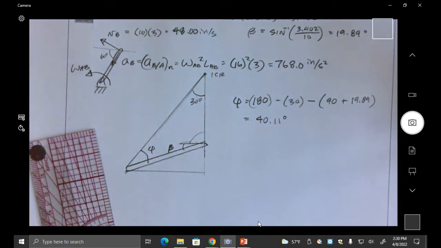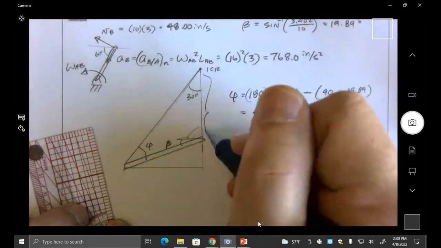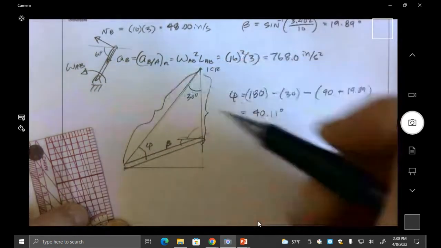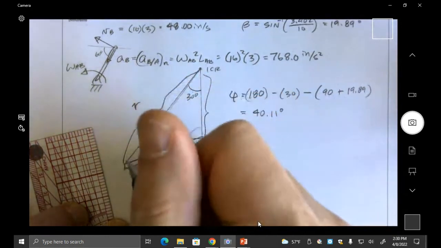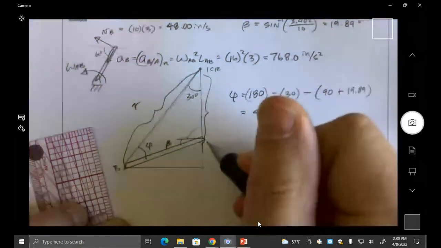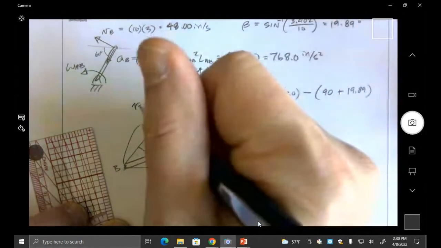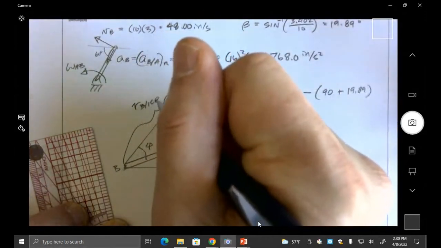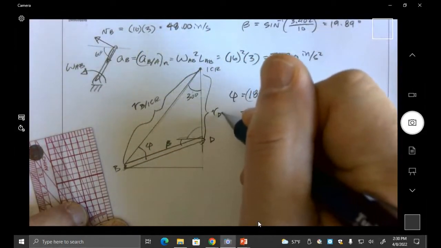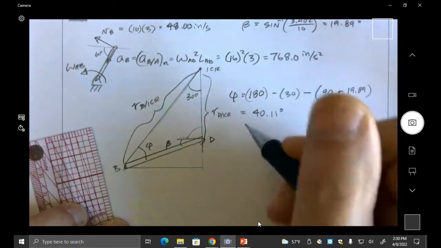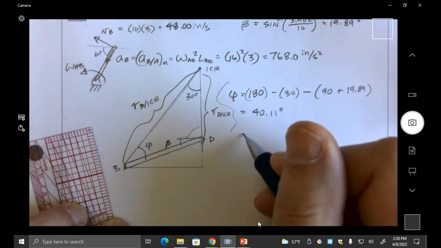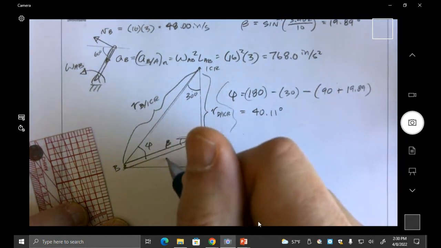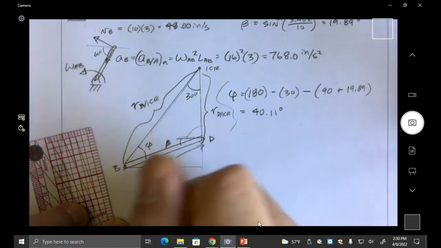Did he tell me that? Well, no, he didn't, but we could test it out with this right here. This is a good candidate for our law of sines. This is our B, and this is D for whatever reason. So that's B with respect to ICR, and here's D with respect to ICR. This is 10 inches right there, right?